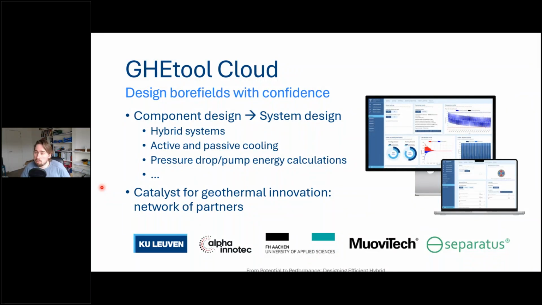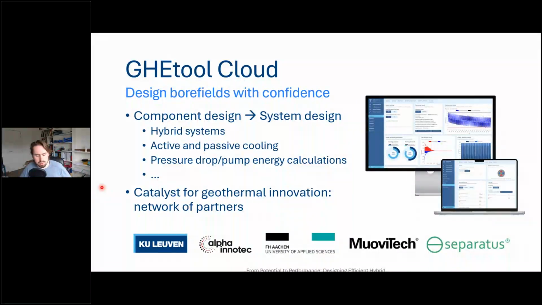So GHETool is open source based, so the methods and the assumptions we made you can find 100% transparent online. And we work together with quite a lot of partners all over the world. So both research institutes working on newer methods and models and optimizations, but also, which is very important, with partners from industry.